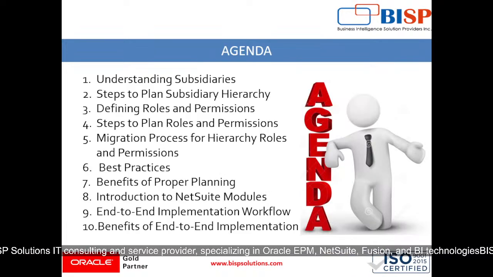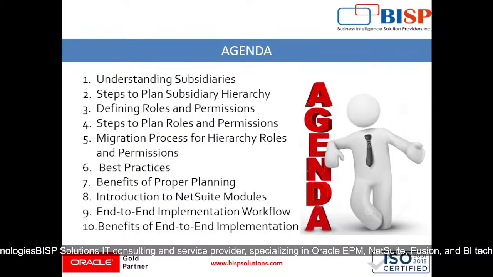Then coming to our today's agenda, so we will be learning about subsidiaries, then steps to plan subsidiary hierarchy, defining roles and permissions, steps to plan roles and permissions, then migration process for hierarchy, roles and permissions, then what are the best practices for subsidiaries and planning roles and permissions.